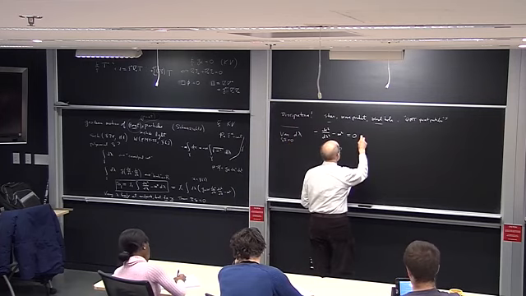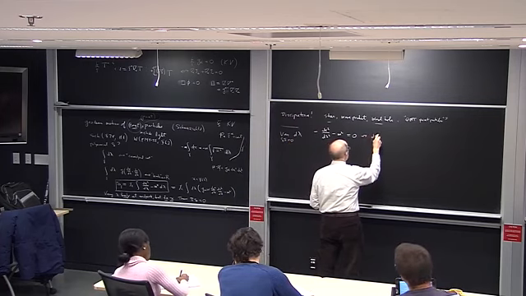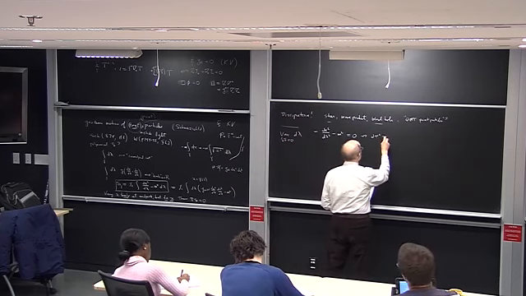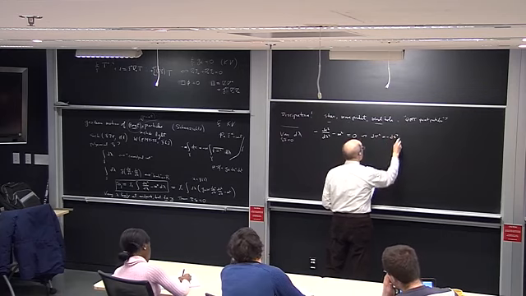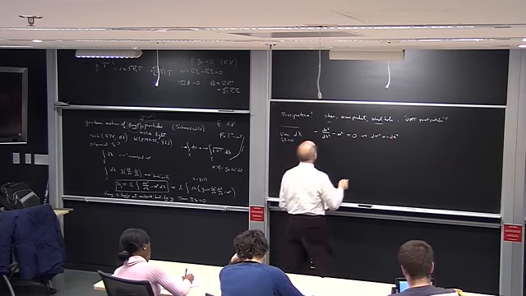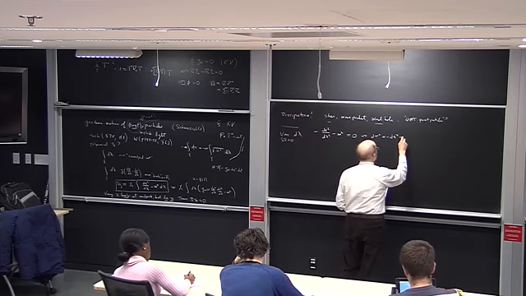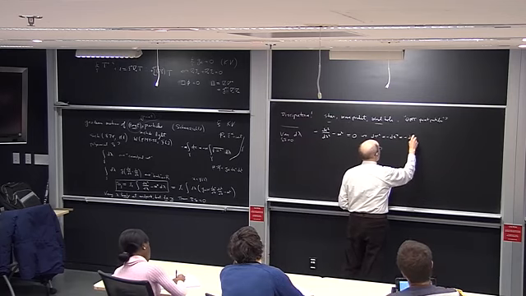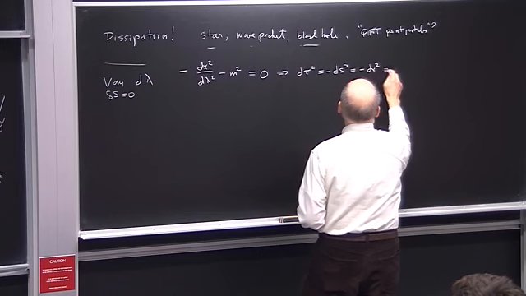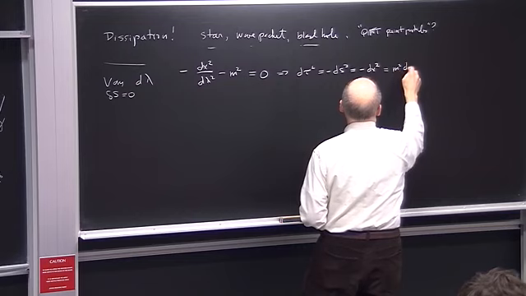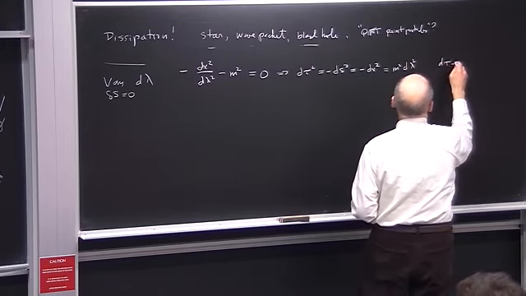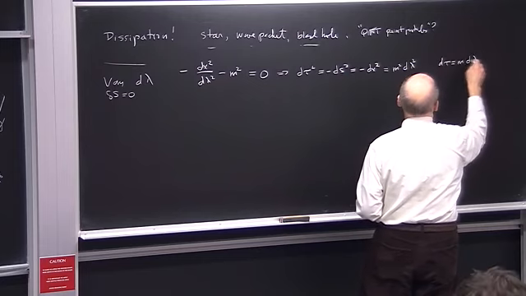This implies that d tau squared, the proper time along the world line, which is equal, of course, to minus, with our signature, minus ds squared, which is minus dx squared, is therefore equal to m squared d lambda squared. Or if we take the square root, d tau is equal to m d lambda.